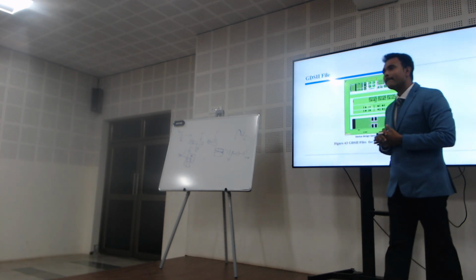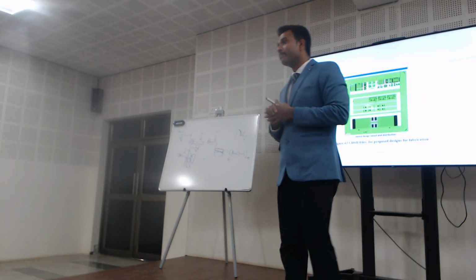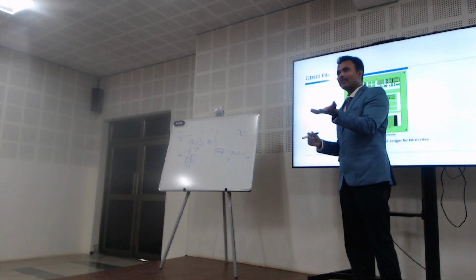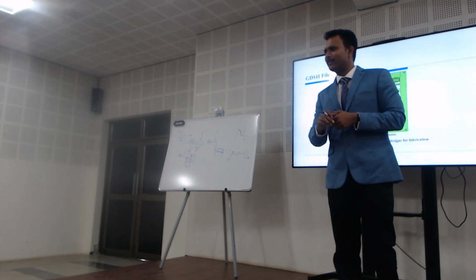For the community chip, if you provide four devices, how much do they charge? I am coming to that. If I go for a whole wafer, it will cost around 2.5 to 3 lakhs.